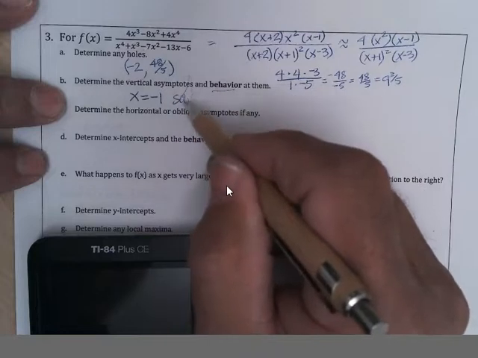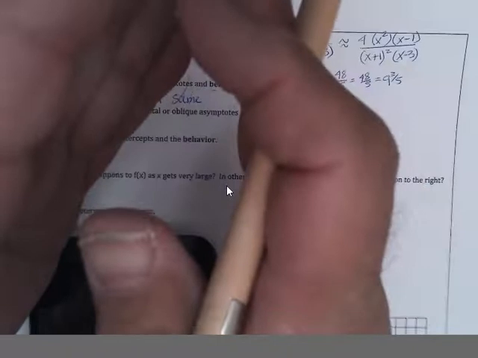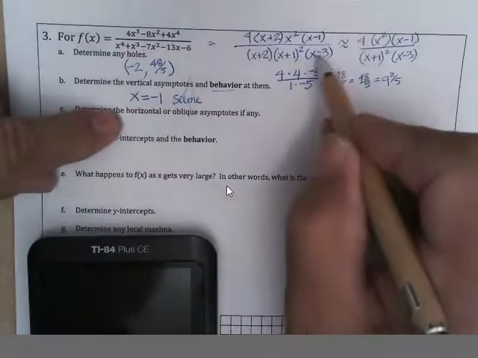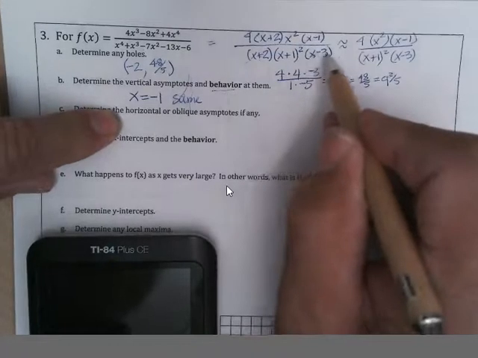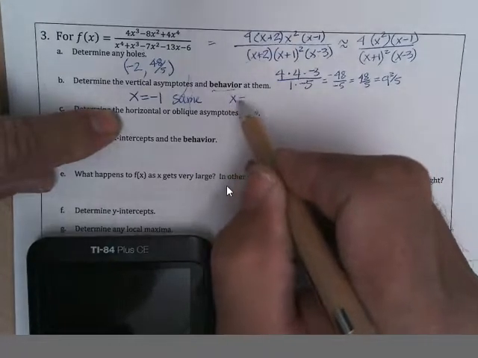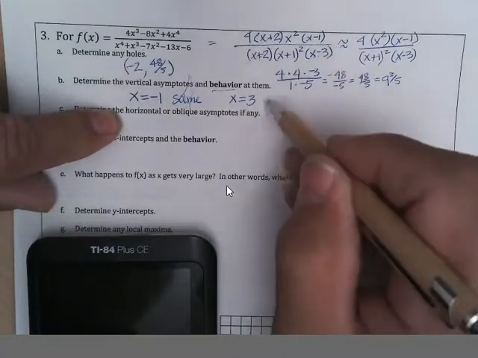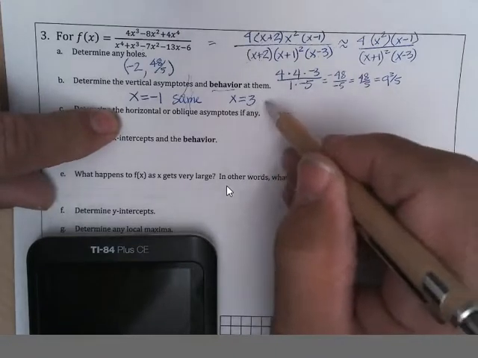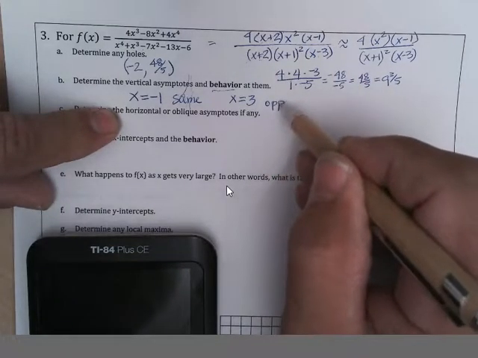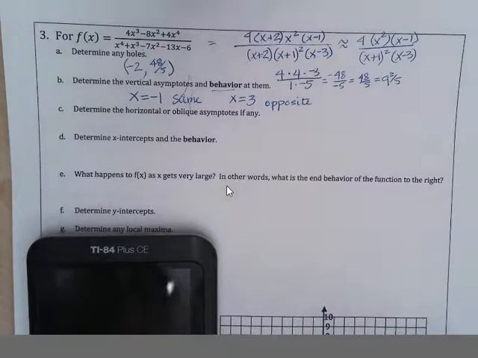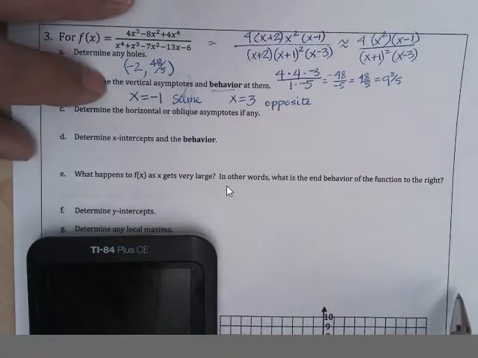As it approaches that line, it'll go either both up or both down. And the other one is at x minus 3, so it'll be at x equals plus 3. And since its multiplicity is 1, or odd, it's going to go in opposite directions at it. So they either go the same direction or opposite for the behavior at the asymptotes.